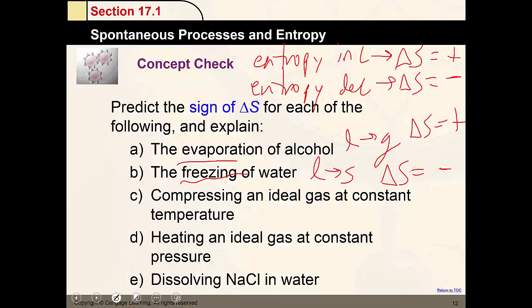Then, letter C, you're compressing an ideal gas at constant temperature. So you're compressing it, so you're decreasing the volume, meaning entropy will lower, so the delta S is negative. Then the next one, you're heating an ideal gas at constant pressure.